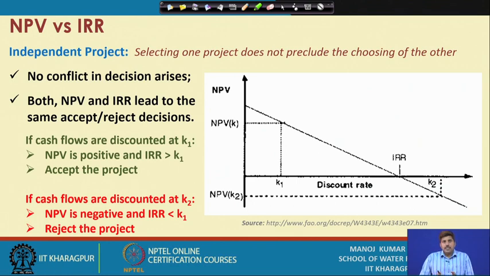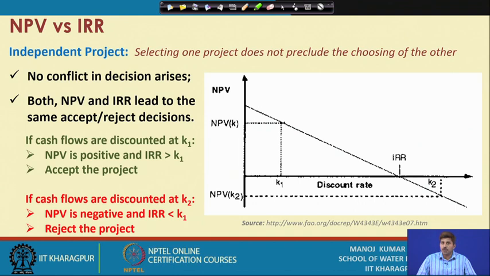Now, so far we have been talking about how we can assess whether a project is profitable or not. What if we have multiple projects? If you recall, at the beginning of this week we discussed that projects could be of two different natures.